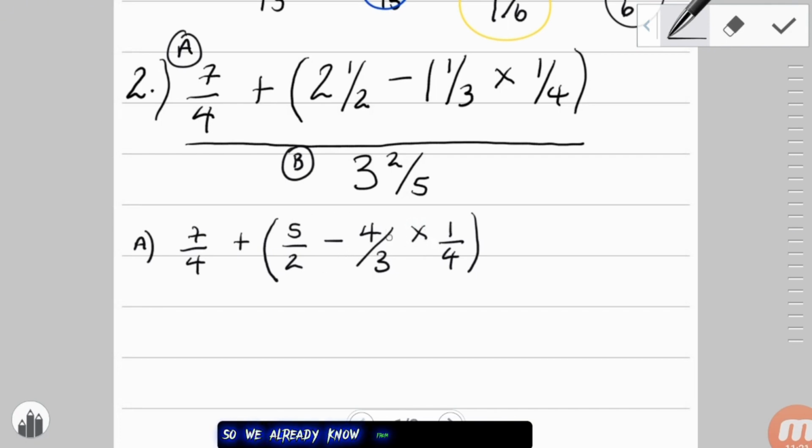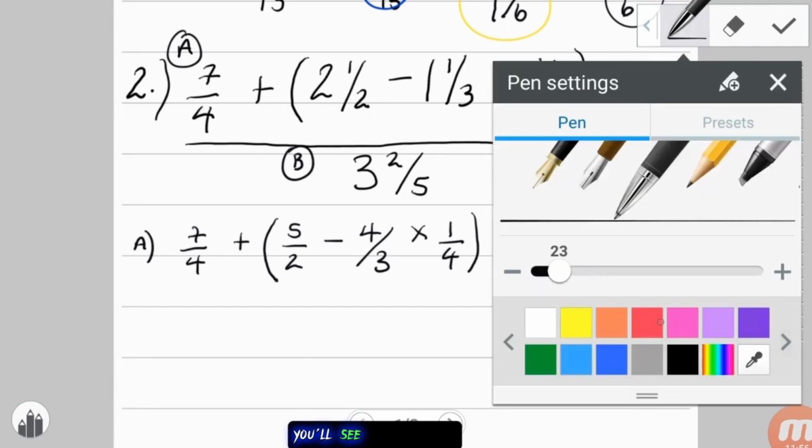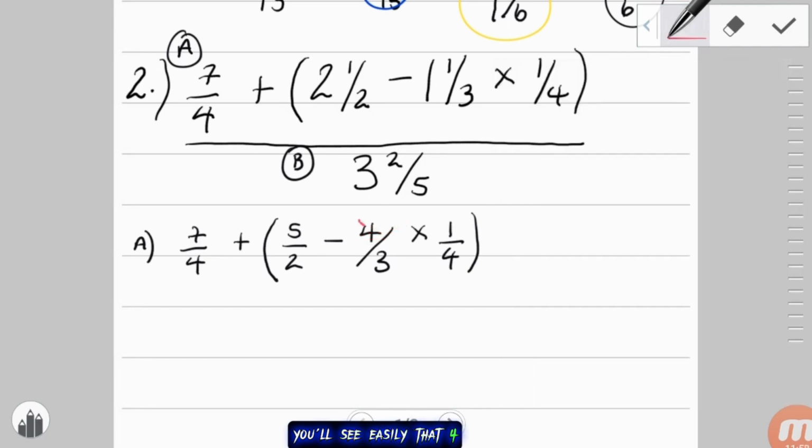So we already know from the PEMDAS rule that we cannot subtract before we multiply. In this case, we have to multiply before we subtract. So we're looking to cancel out. We do not find the LCM when we are multiplying. We look for common terms to cancel, or a factor to reduce our fraction. So in this case, you'll see easily that 4 into itself one time and 4 into 4 one time.